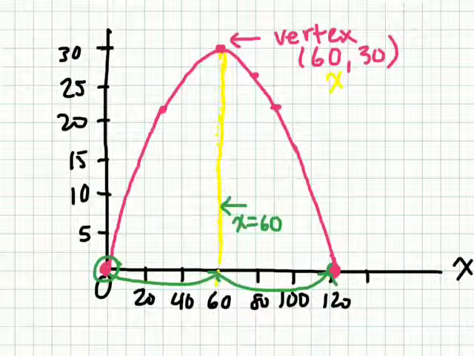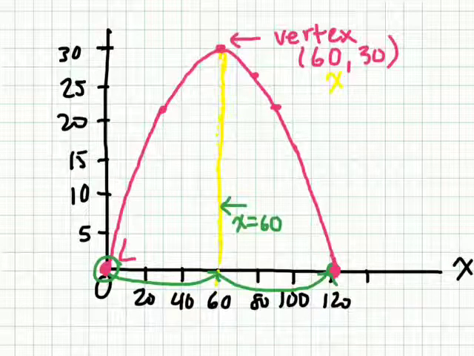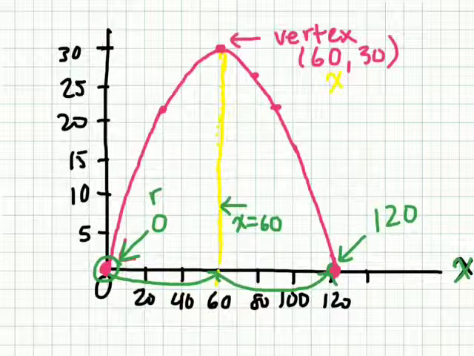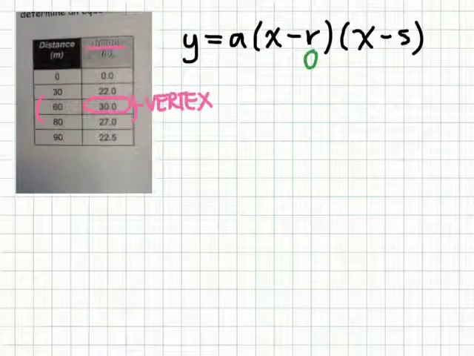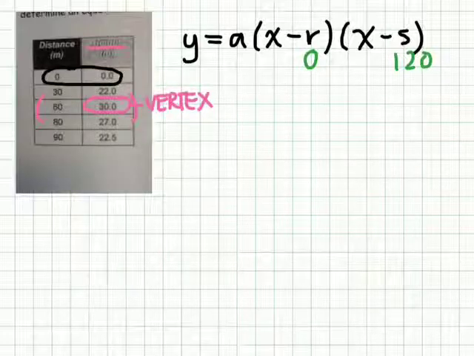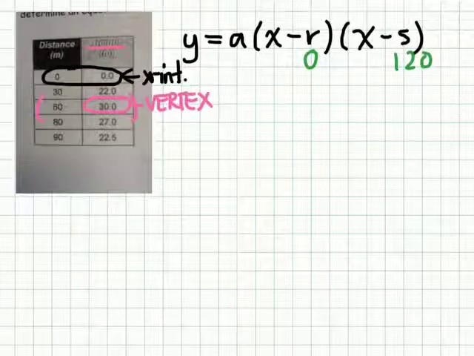Because I can see that this graph intercepts the x-axis at 0 and 120, I can plug that in for r and s. r is 0 and s is 120 because we can see that from the graph. We can also see that in the table: this is an x-intercept because the y value is 0.